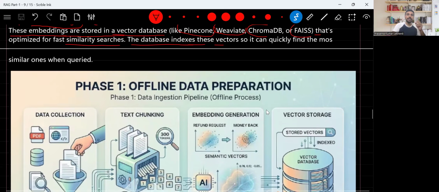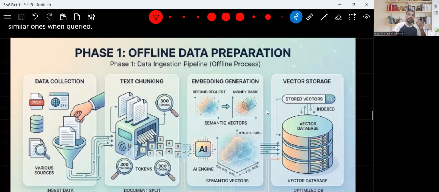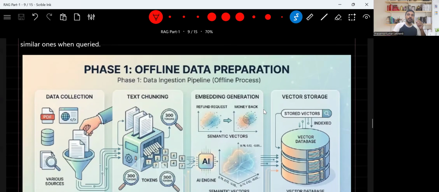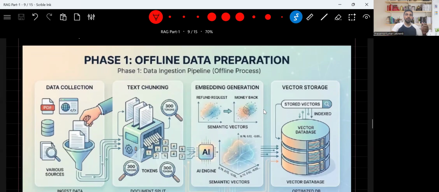This is just a diagrammatic representation of how the data is prepared offline. One is data collection. That means we are collecting data from the web, PDFs, and various databases, and sending that data into the text chunking phase.